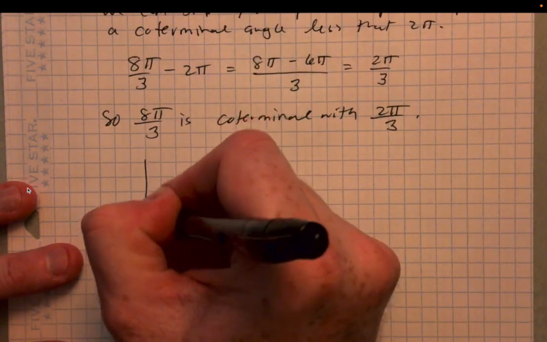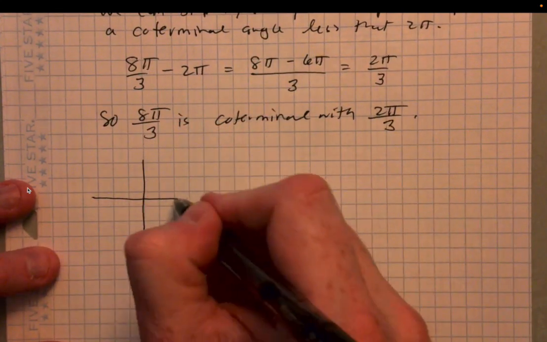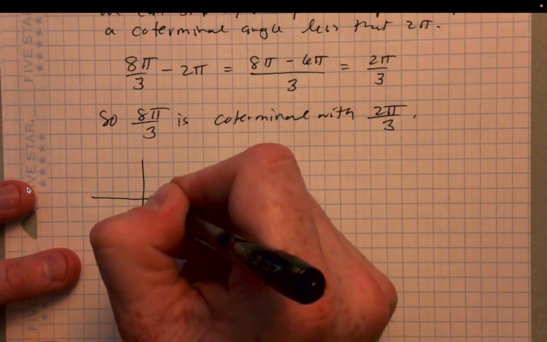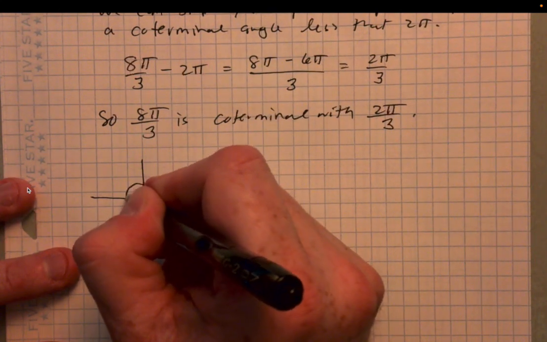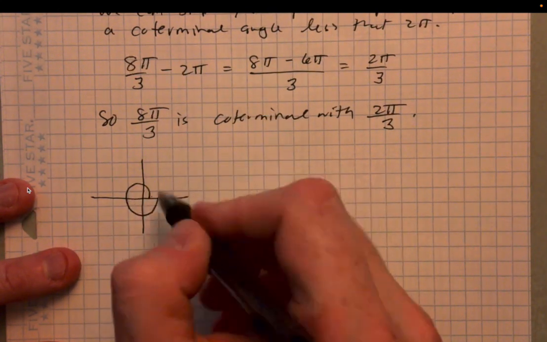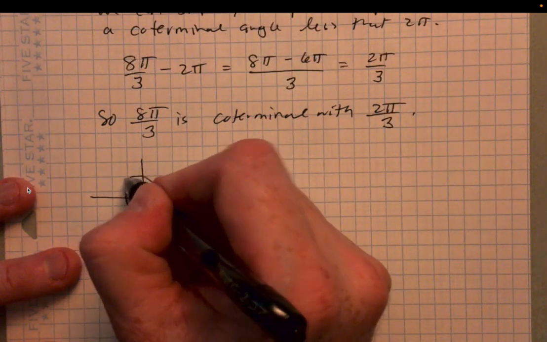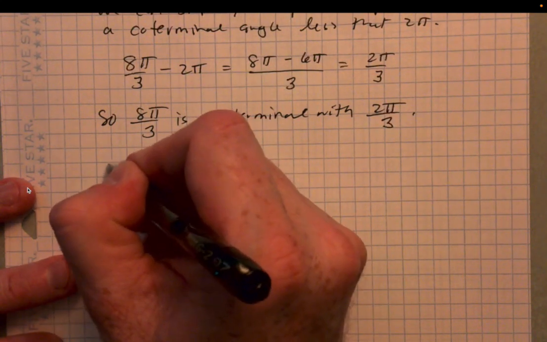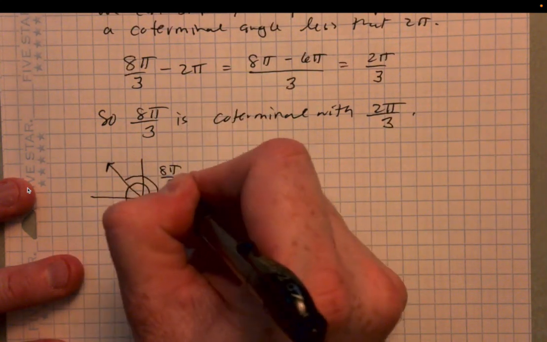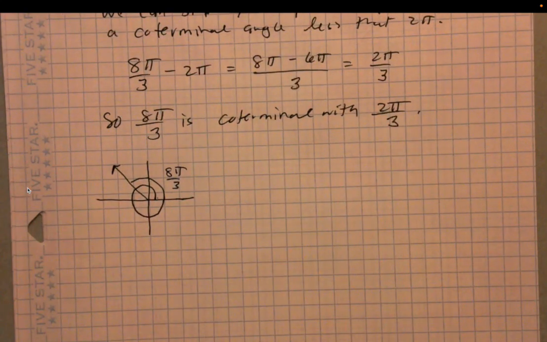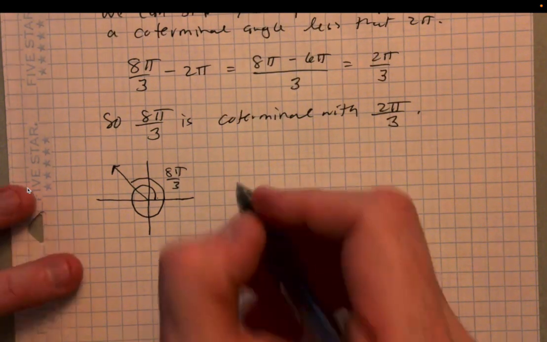Let me just make sure that we're clear on what we're doing here. So the 8 pi over 3 basically goes like this. It starts here and it goes around once, and then it ends up over here somewhere. So this is 8 pi over 3. Now what we're saying is, look, that's kind of a goofy, tricky angle. So let's figure out an angle that's less than 2 pi, a coterminal angle.